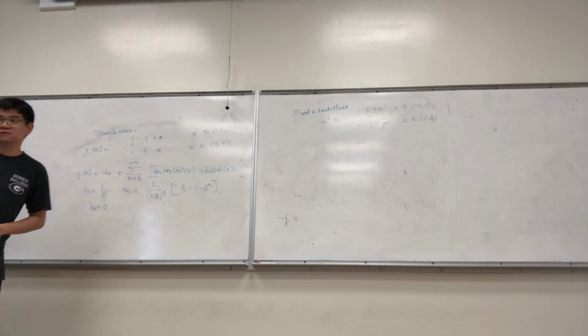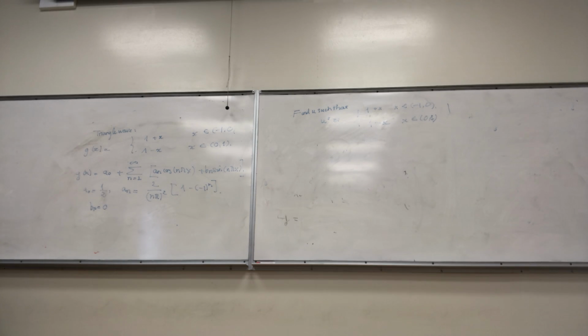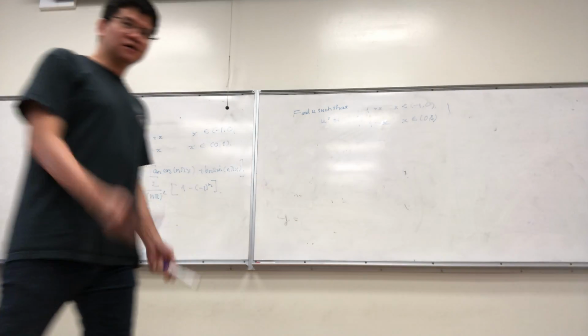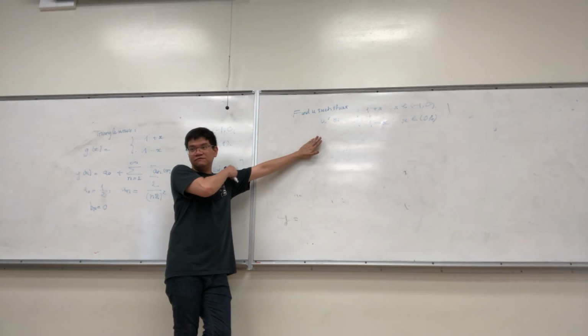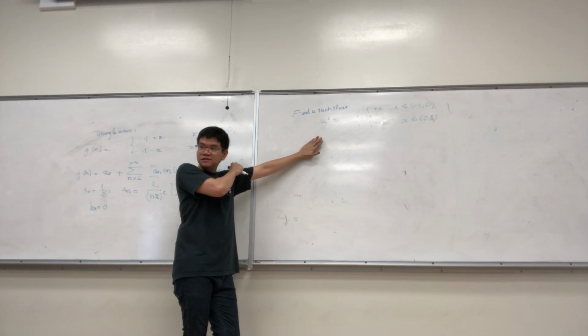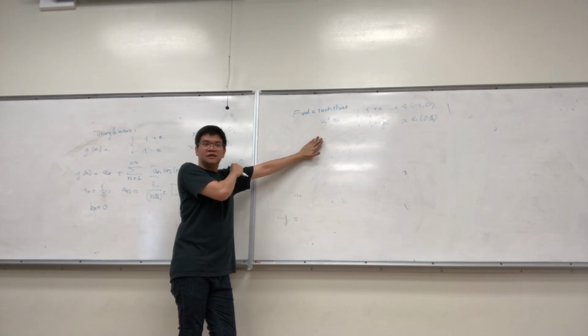Now I want to solve the equation in which I find a function such that the second derivative of this function is equal to the triangle wave. How do I do that?